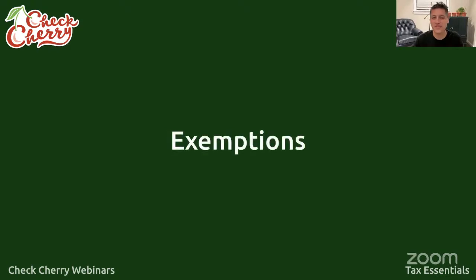And then you've got to keep track of any exemptions as well. If you're dealing with tax exempt organizations, a lot of times you'll still need to report that you earned this revenue, but you also report that it was not taxable. It's your responsibility to collect that information.